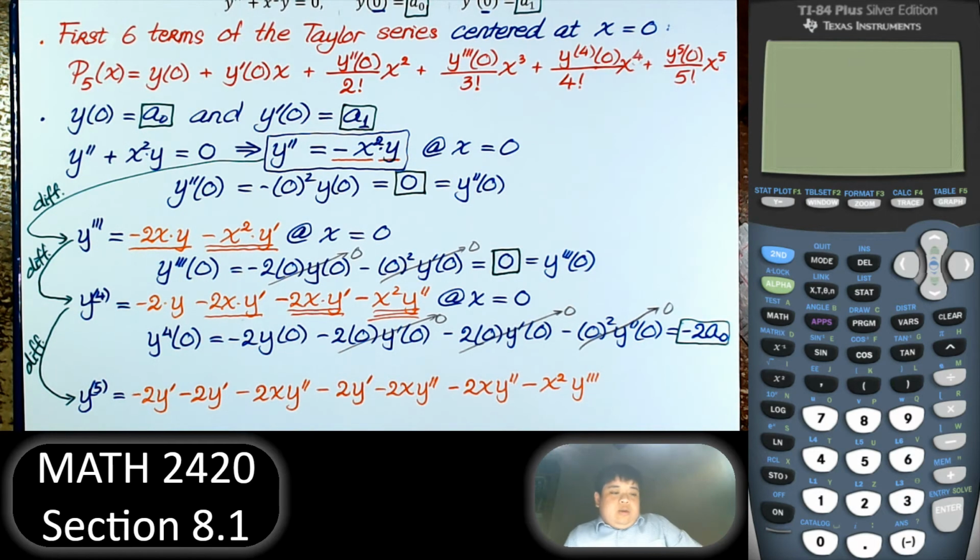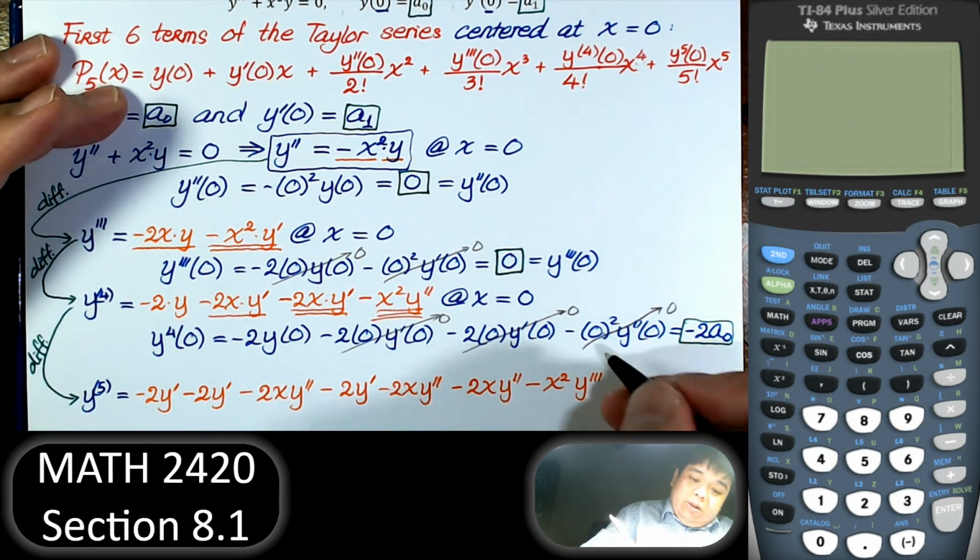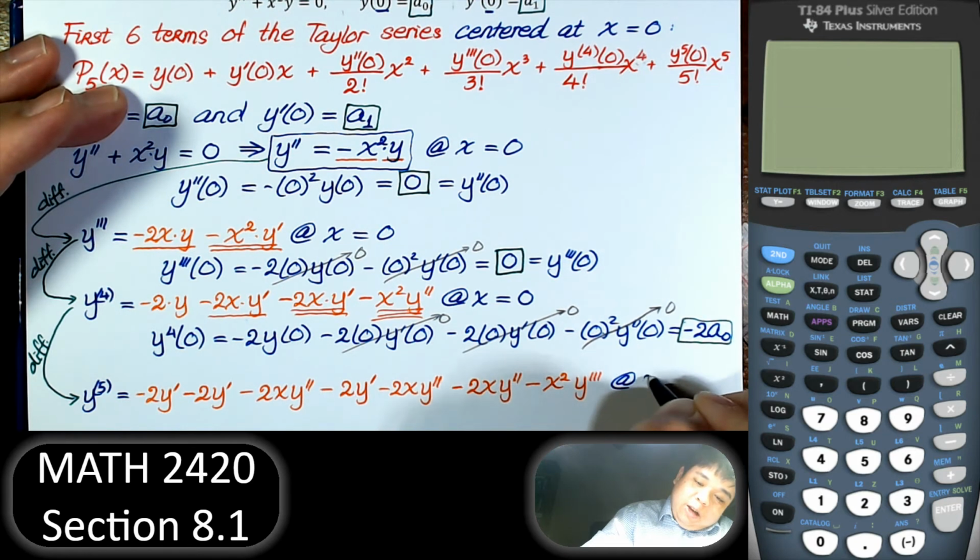Right, so except for the first one, everything after that is the product rule. Now we're going to put 0 in for x.